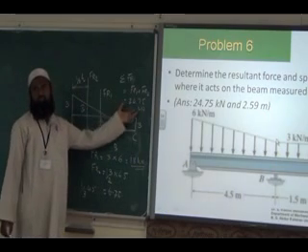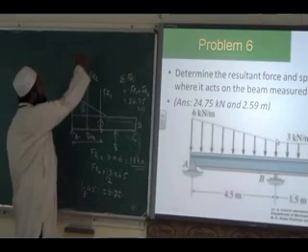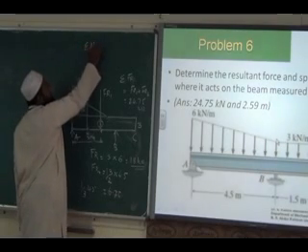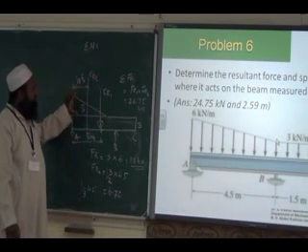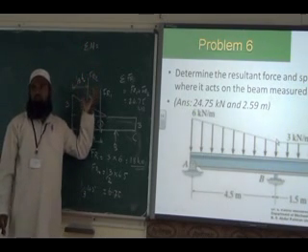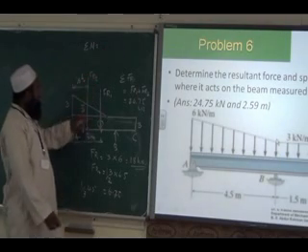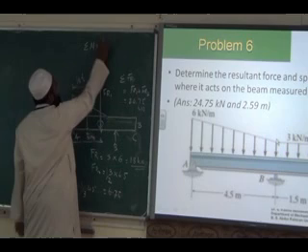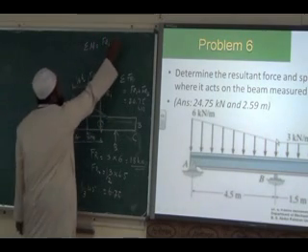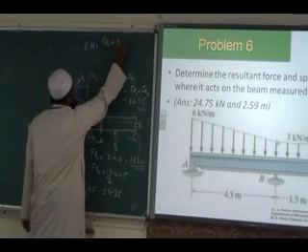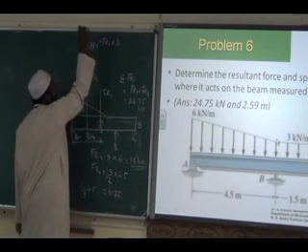And how will you find out its position? In order to find out its position, we have to go for the moment equation. First find the moment for FR1. FR1 times 3 about point A. It is acting in the clockwise direction, so negative sign.